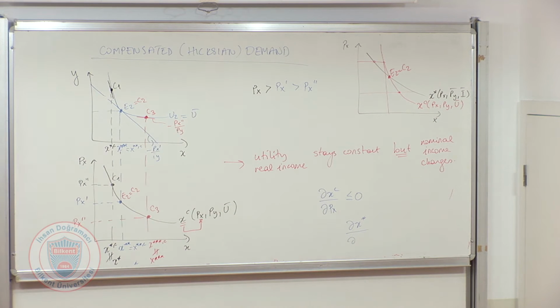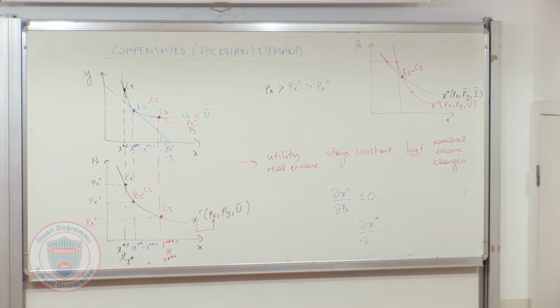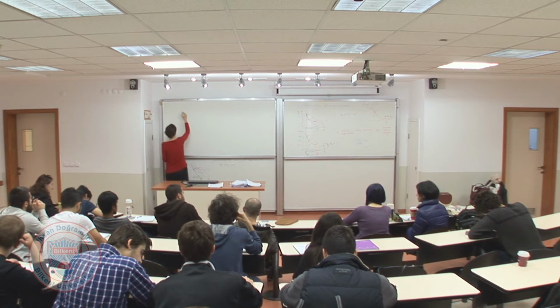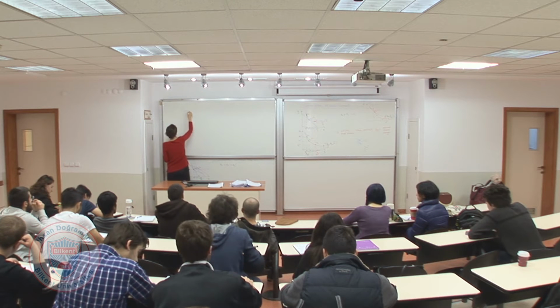So once we figure these out, we learned about an important relationship between the slope of the compensated demand curve and the slope of the ordinary demand curve. And we called it the Slutsky equation, okay? Which was something like this.